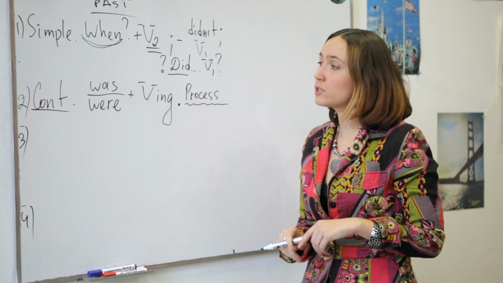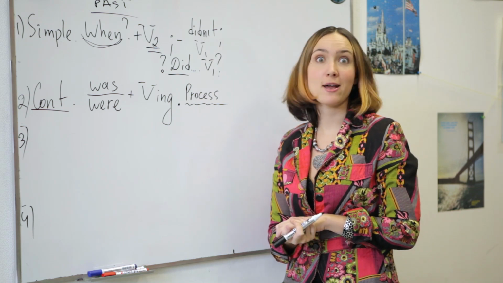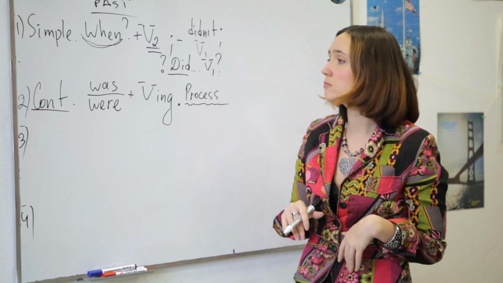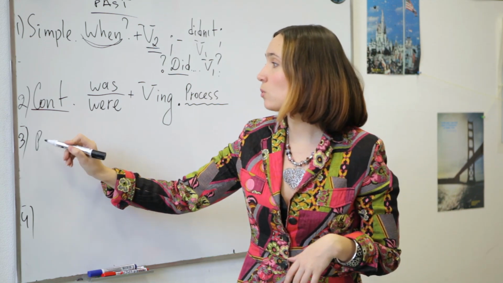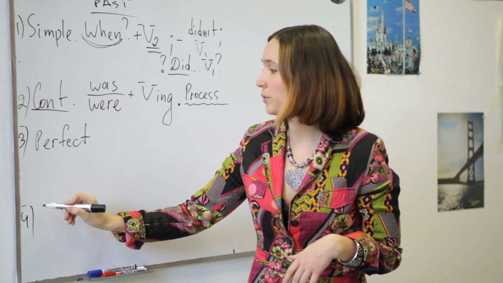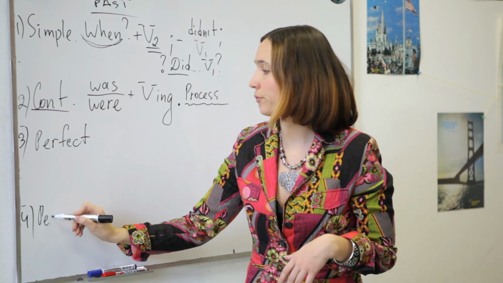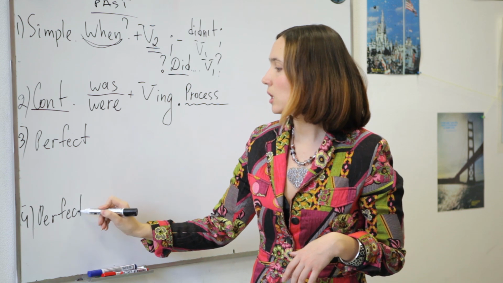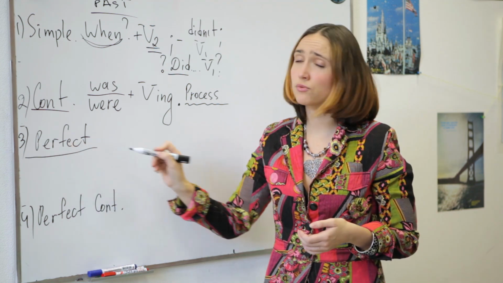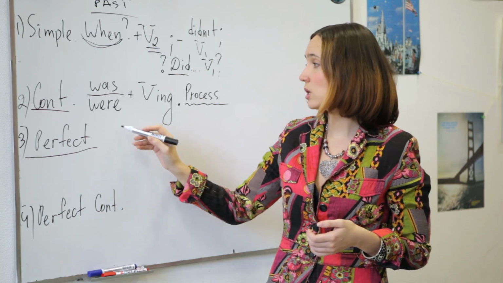Again, as we've seen in our present tense video, there are the perfect options in English grammar. So that would be the past perfect and the past perfect continuous. What does it mean? It's really easier than it sounds.